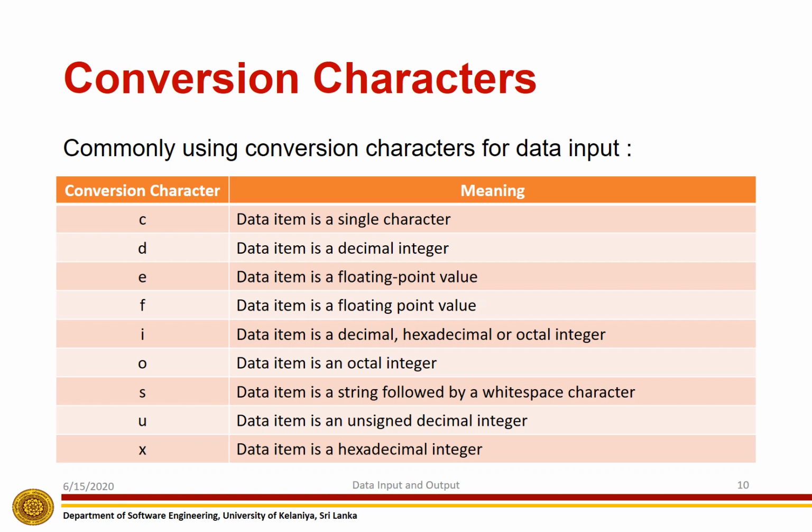D is for decimal integer, E and F both for indicating floating point values, I for decimal, hexadecimal, octal integers, O for octal integers, and S for a string followed by a white space character, U for unsigned decimal integers, and X for indicating hexadecimal integers. There are some more conversion characters. These are the most commonly used ones.